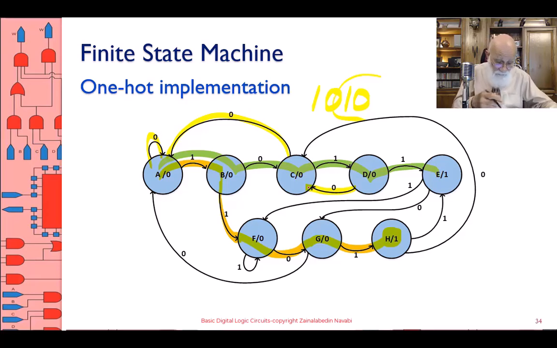Let's not do E. Let's go further down and do state F. State F, I have received 1, 1 towards the second sequence. If I receive a 0, I go forward. What if I receive another 1?